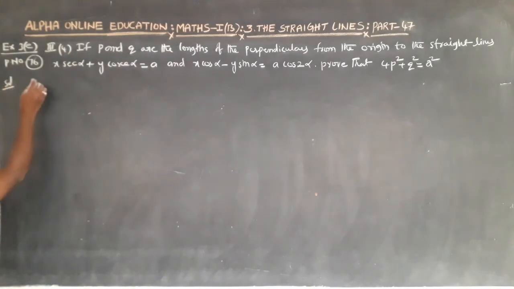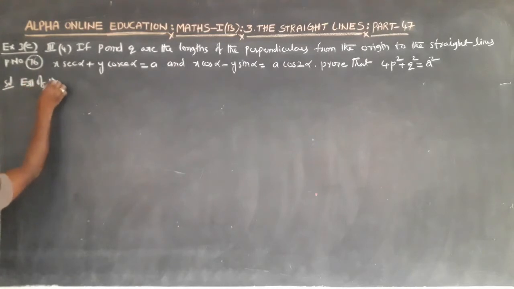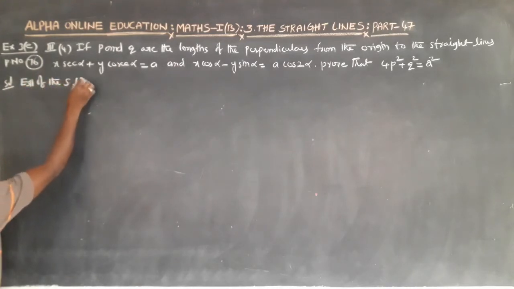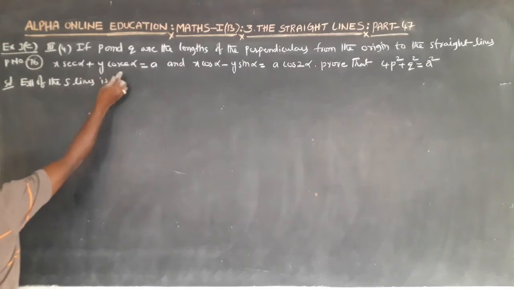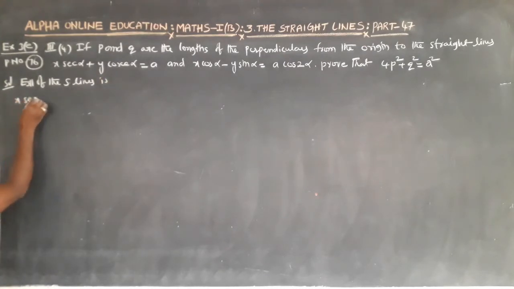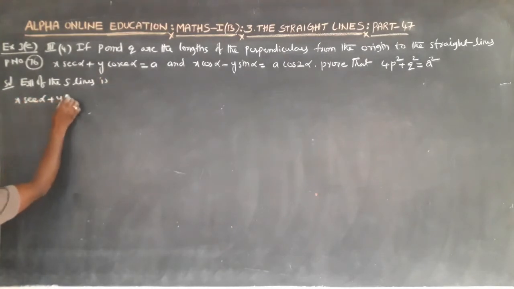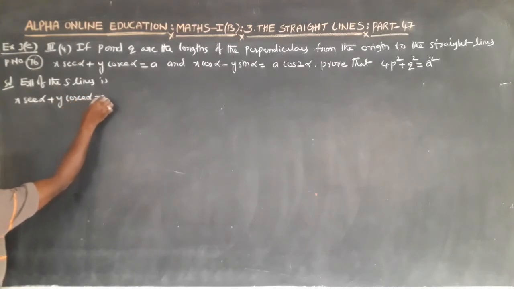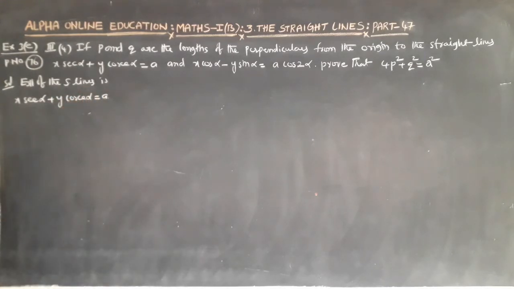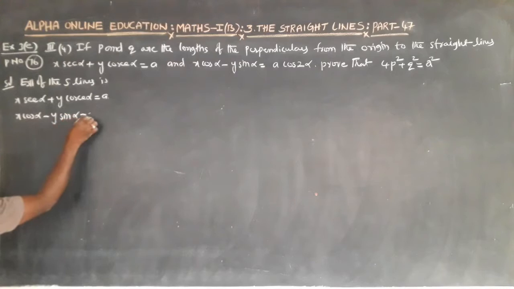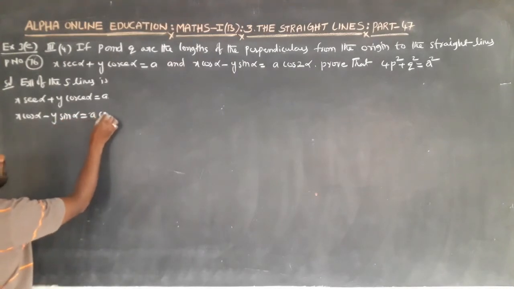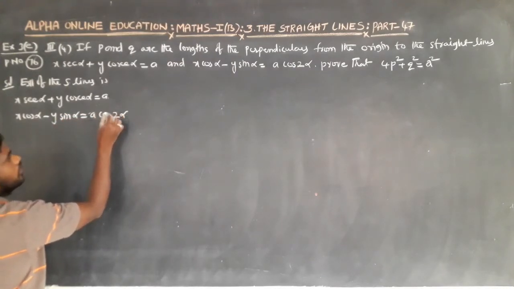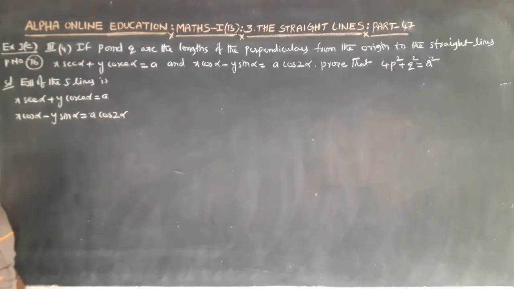Here the equations of the straight lines are given. The first one is x secant alpha + y cosecant alpha = a, and the second one is x cos alpha - y sin alpha = a cos 2 alpha.